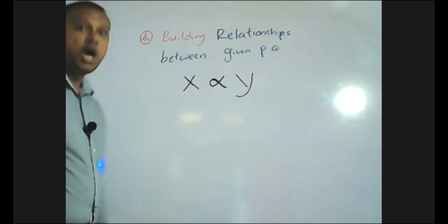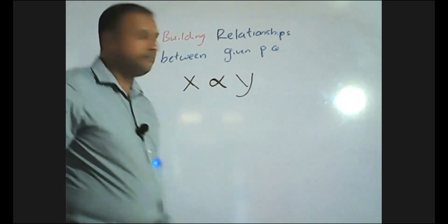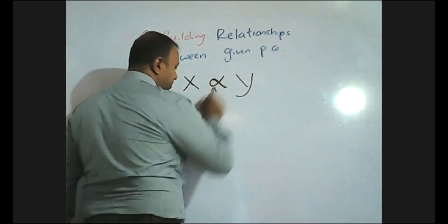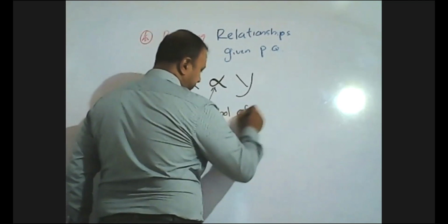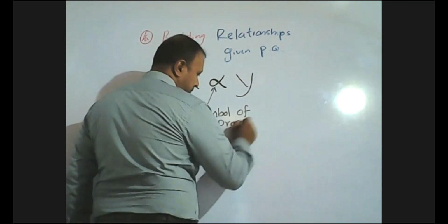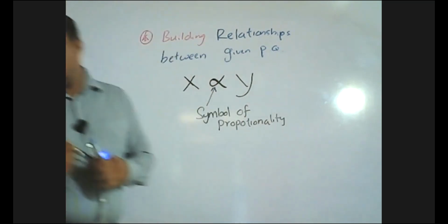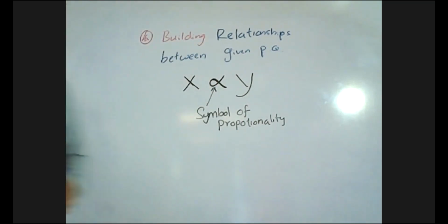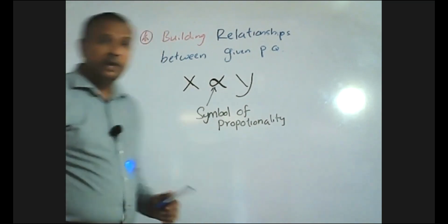It looks like a fish. That is the symbol of proportionality.